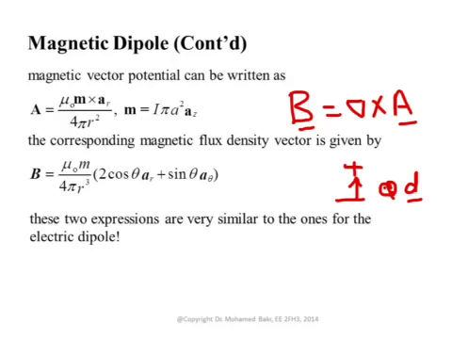So when we talk about a magnetic dipole, I want you to remember that we talk about a small current loop, because there is nothing called magnetic charge really. When we talk about a magnetic dipole, we need really a small current loop. And this is the expression of the magnetic vector potential resulting from this dipole. This is the expression of the magnetic flux density vector resulting from this dipole.